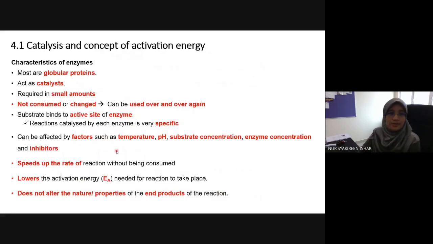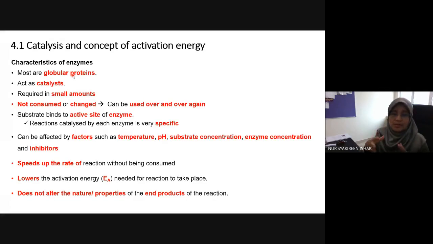So 4.1 is catalysis and the concept of activation energy. First you have to know the characteristics or properties of enzyme. Most enzymes are globular proteins. We have looked at the concept of globular proteins in chapter 1.